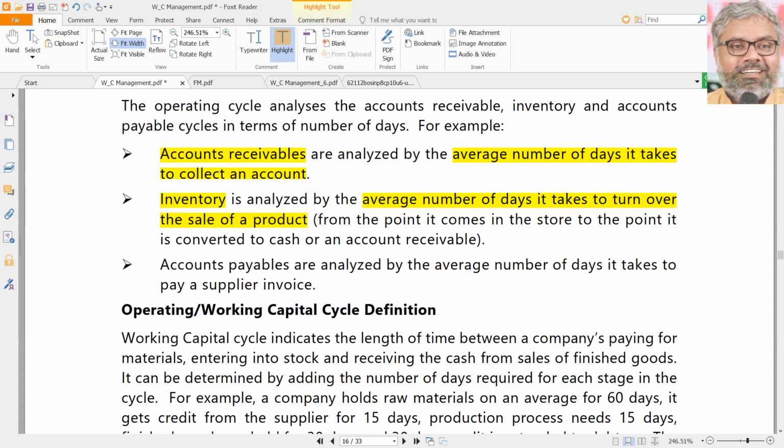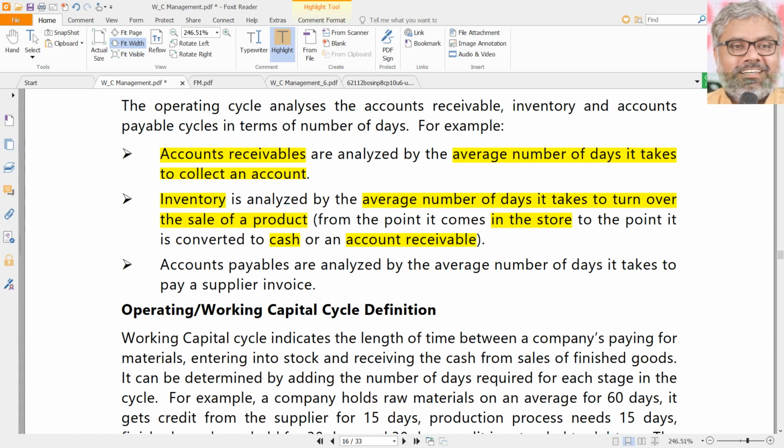In other words, how many days the inventory will stay in the store till the point it is converted to either cash or accounts receivable. How can inventory be converted to cash or accounts receivable? Simply by selling it. So how many days it takes on an average for the inventory to be sold is the inventory holding period. So accounts receivable collection period, inventory holding period, all of them we know.